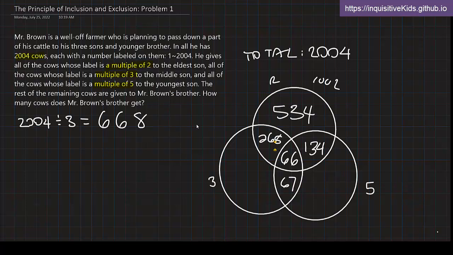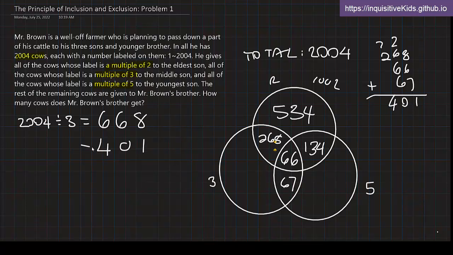Now from 668, let's first add in the overlapping parts, which is 268 plus 66 plus 67. So 14, 21, carry that, 20, carry that, and we have 4. So 401. We subtract 401 right here from 668, subtract that, and we have 267. So over here we have 267.